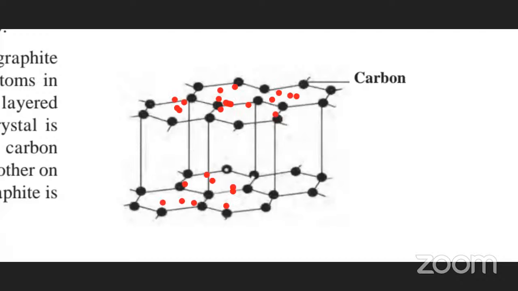They are not going to jump from one layer to another because so much space is available in between. These layers are separated with so much space. So whatever free electrons are present are going to remain in that layer only.